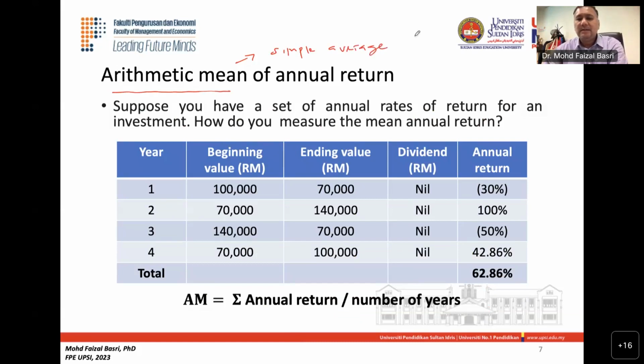The arithmetic mean is actually the simple average, the normal way we measure average in our daily life. So what you need to do is, if you have these 4 years of information, you add all 4 years and divide by the number of years, which in this case is 4.